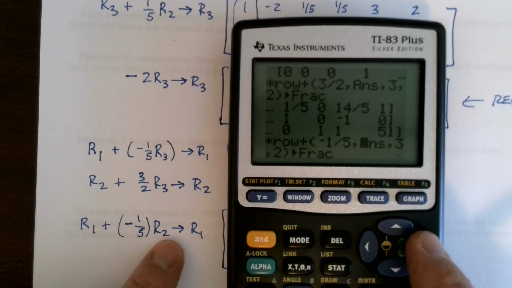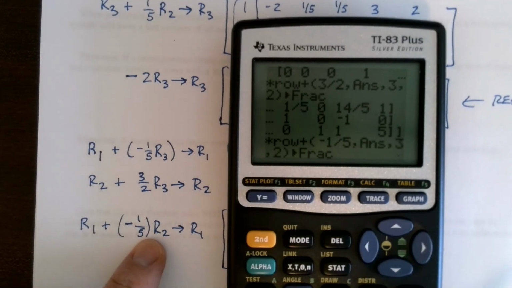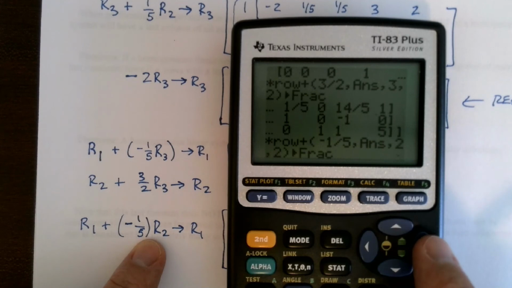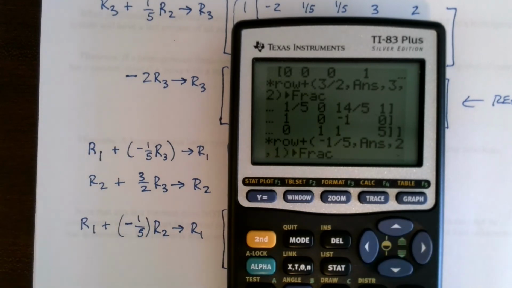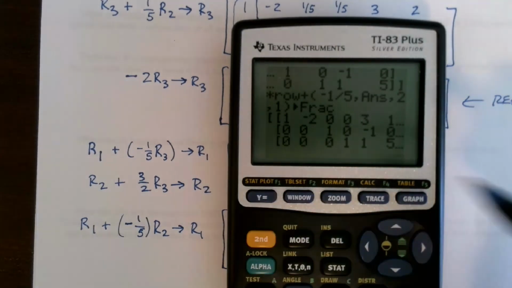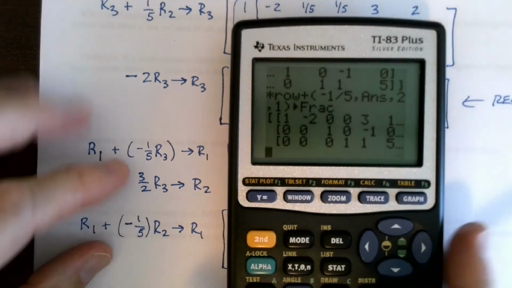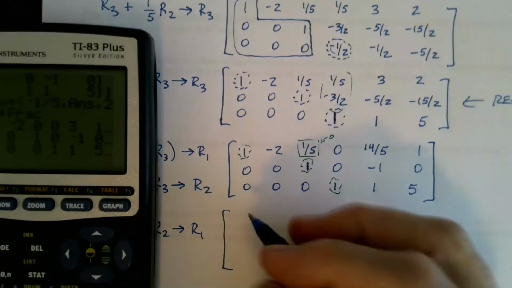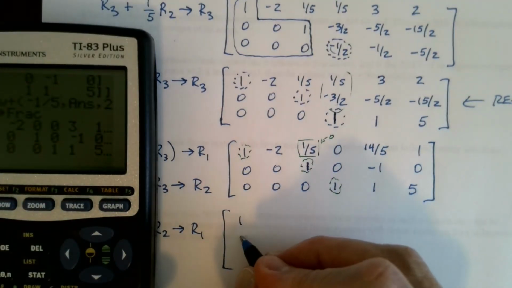Answer is still the same. Multiplying row 2 this time, and adding that to row 1. And that gives me the 0 above that leading 1. And so here is my final matrix.